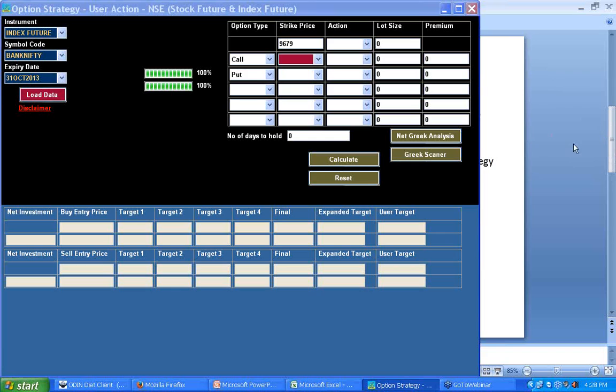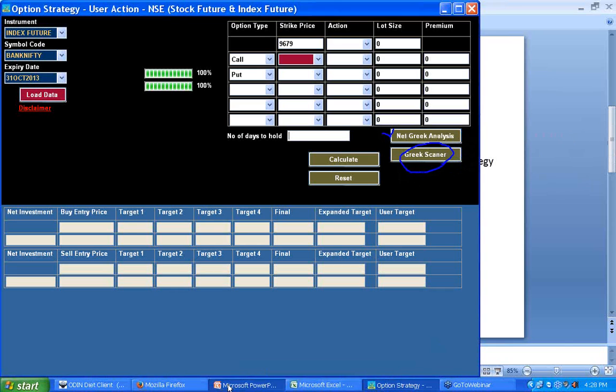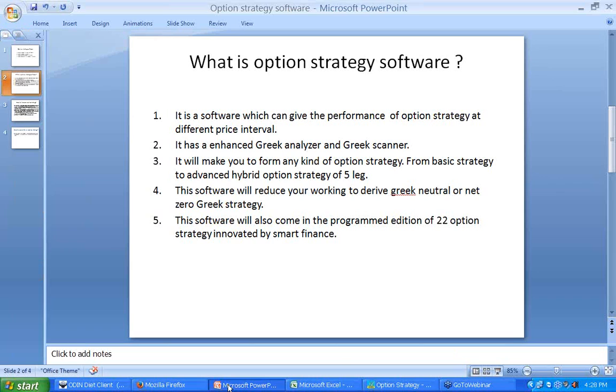It has a net Greek analyzer. This is the advanced Greek analyzer and the Greek scanner. I will also demonstrate how to use those two parameters for forming an option strategy.